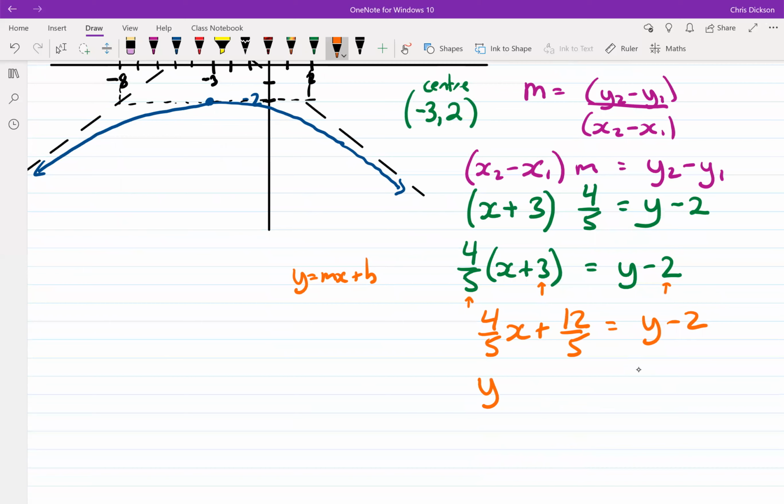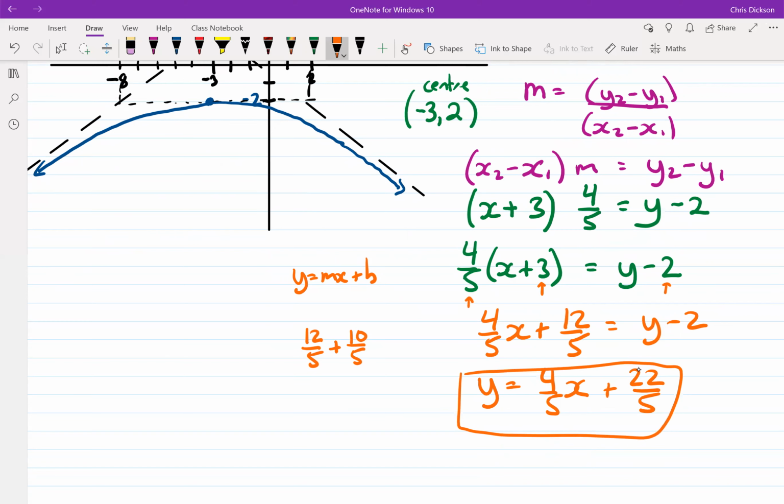So I would get y is equal to 4/5 x, and then I have to do 12 over 5 plus 2, which is really 10 over 5. So that's 22 over 5. Once again, pretty ugly y-intercept here, but you could write it in that format, or if you just left it in the other format, that's also fine. I kind of prefer the other because it's easier to stop there. No fractional math here.